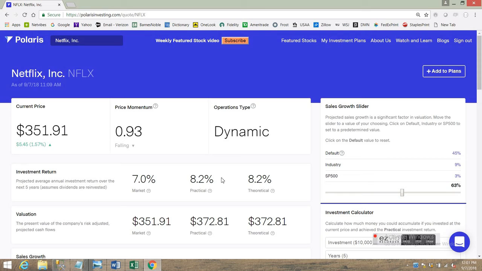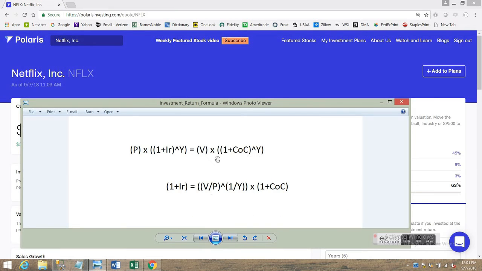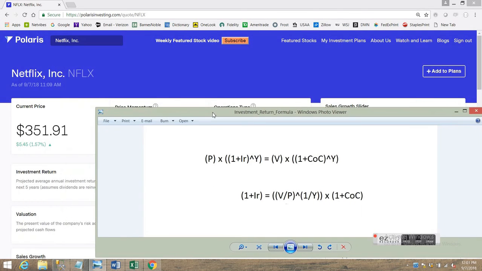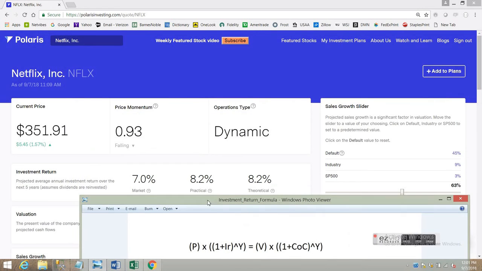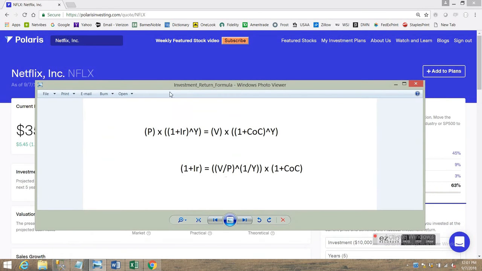Well, that's incorrect, because when we look at the formula used to determine this IR, or this investor's rate of return, you take the current price, in this case roughly $352, and you assume some growth for 7 years now, and then the valuation, present value, is 372, and you assume that's going to grow at the cost of capital of 7% for 7 years.